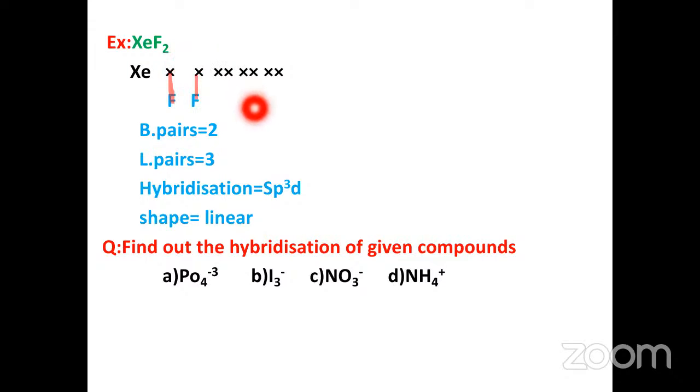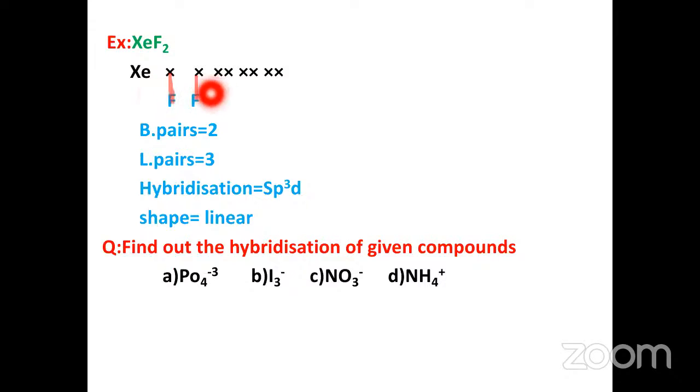All the 7A group elements need only one electron to get the nearest noble gas electronic configuration, so one fluorine forms a single bond with one electron of the xenon, and another fluorine forms a single bond with another electron of the xenon.